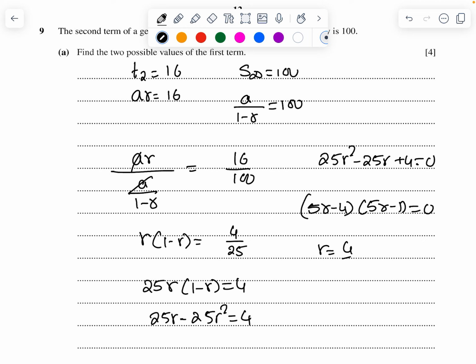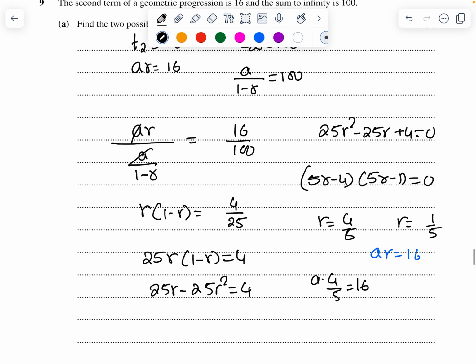R equals 4 upon 5, R equals 1 upon 5. Now we know that AR equals 16. So A times 4 upon 5 equals 16, so A equals 20. A times 1 upon 5 equals 16, A equals 80.